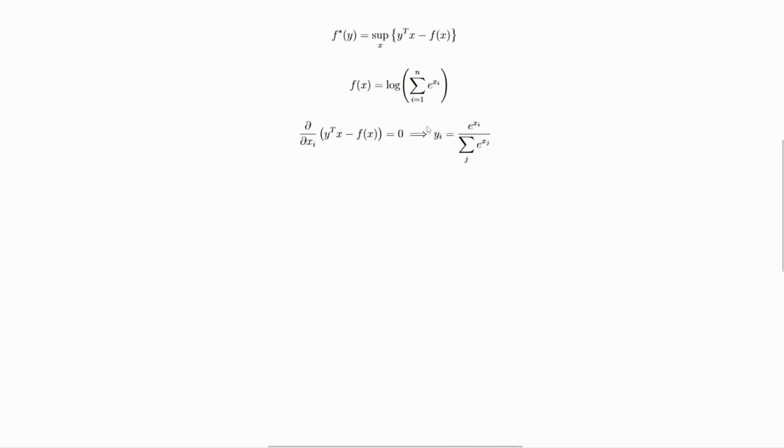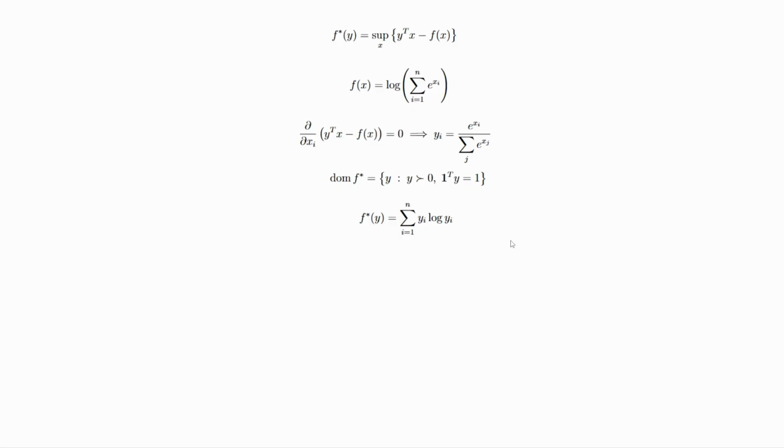Look at the right side here. It's the softmax of x. This means the optimality condition is y equals softmax of x. So for this to be a solution, y has to look like a probability vector, strictly positive entries, summing to 1. So that's the domain of f star.